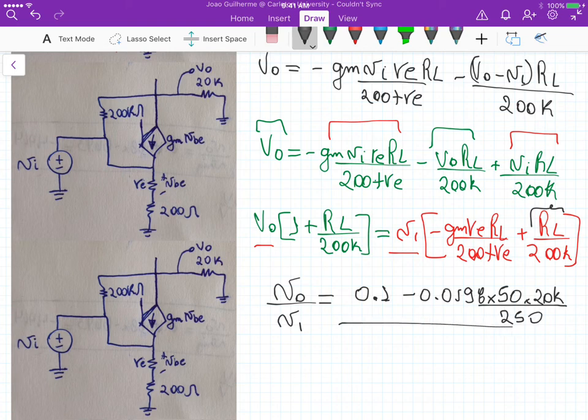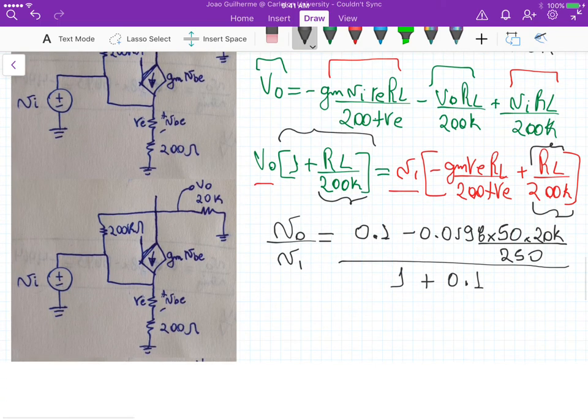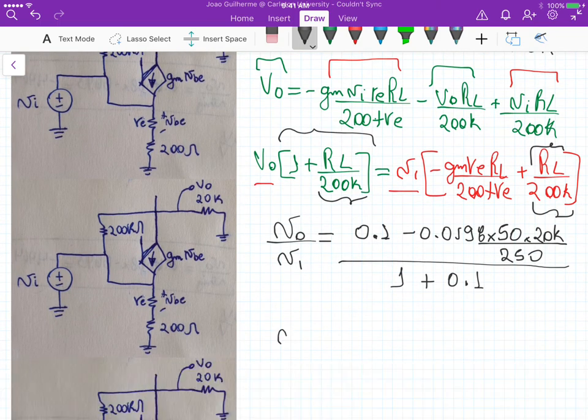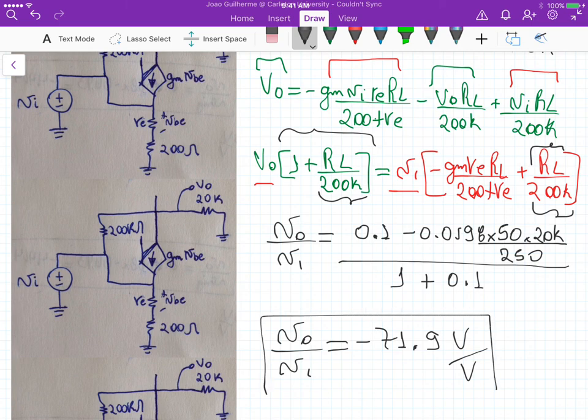Everything is divided by 1 plus this term, which is the same, 20k divided by 200k, 0.1. If we solve this equation, V out over VI equals minus 71.9 volt per volt. And that's the final answer for part B.